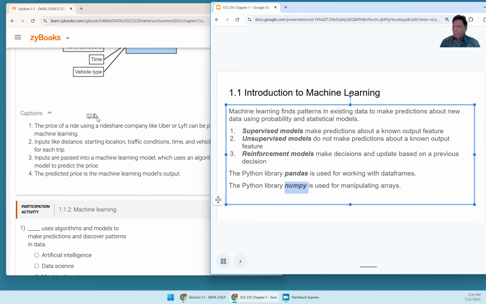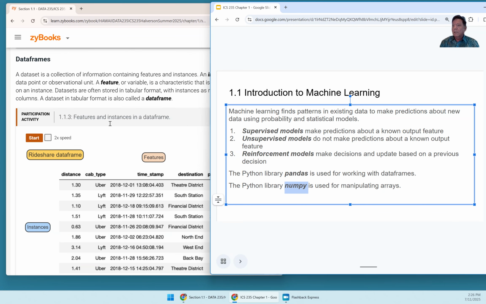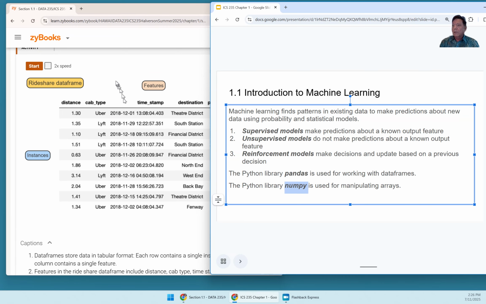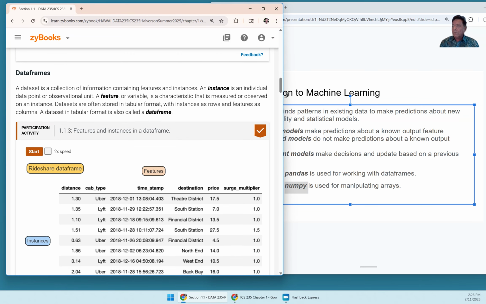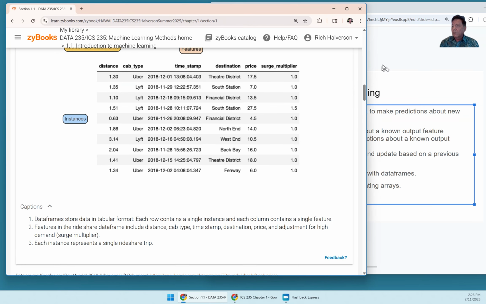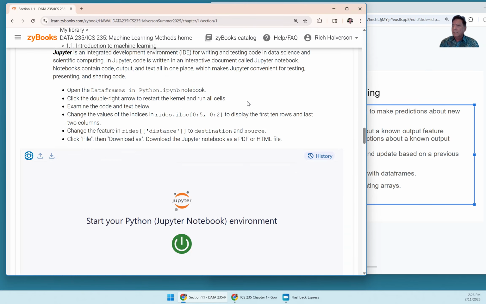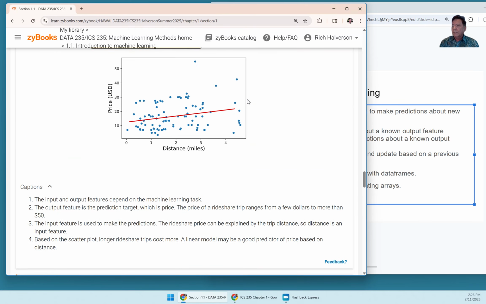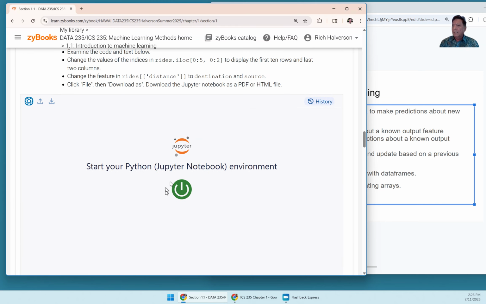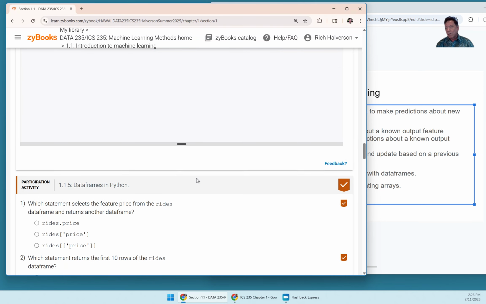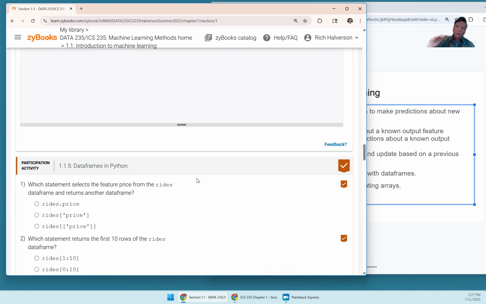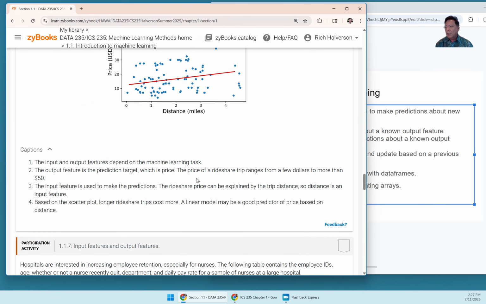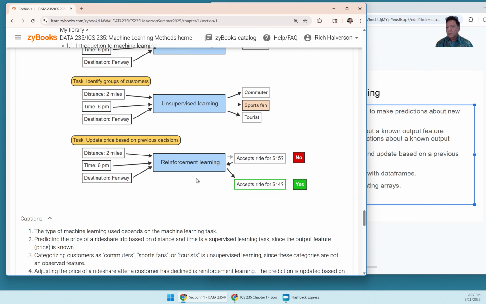So that's what you learn out of section 1.1, and go through these participation activities and get the points. You can do the challenges at the end. You should click on these environments. These take a long time to load, but it's real easy to step through, and you can try things. And that takes you through section 1.1.